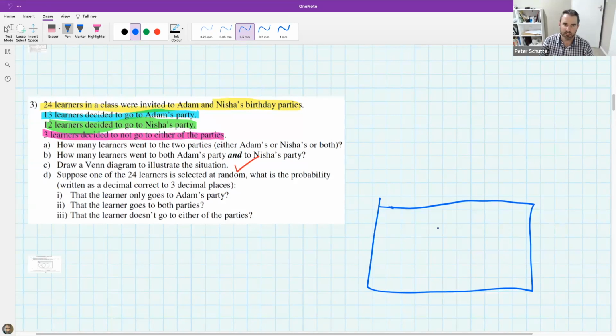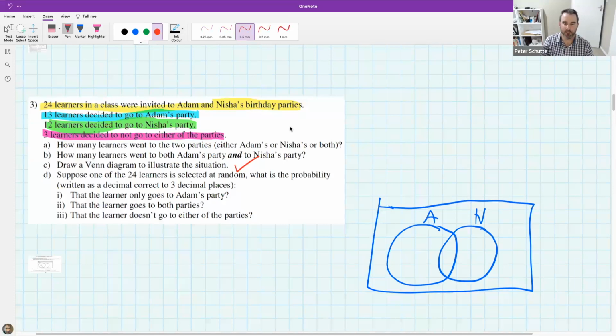Okay, so we have, let's say, Adam, people who are going to Adam's party, and then Nisha. Now we need to fill in the regions. And we know 3 did not go to any of them. Now we have a problem. We need to figure out how to fill in these spaces.